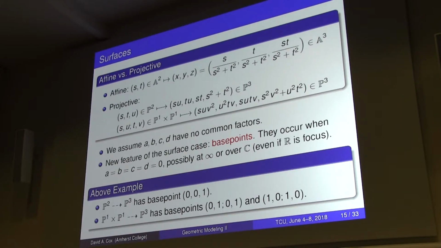But in this case, the 0, 0, 1, I also have a bad base point at infinity. And so in this case, I happen to have 2 base points. And so the number of base points you have can be affected by what compactification you use. And for example, if you use the Newton polytope, that often gives you the most efficient one that will minimize the number of base points, but it might not get rid of all of them.